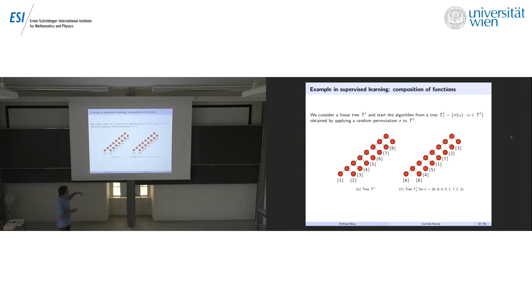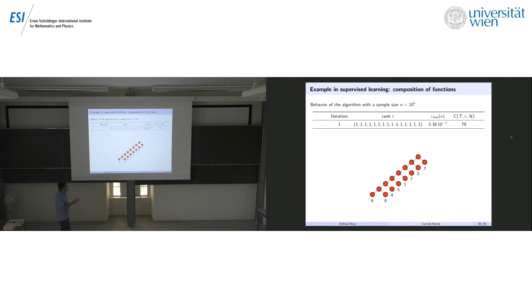So here I just illustrate the behavior of the algorithm where we start from a priori a very bad tree. We start with a linear tree with an ordering of the variables which is random. Okay? So very far from the structure of the function. And then the algorithm starts with this tree and a rank 1. Well, the approximation has several percent of relative error and a certain complexity.